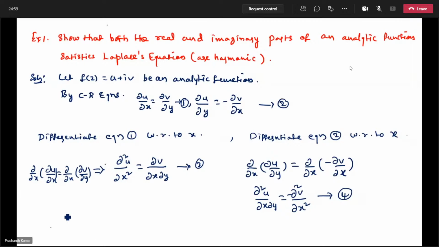So from equation 3 plus 4, we add these two.